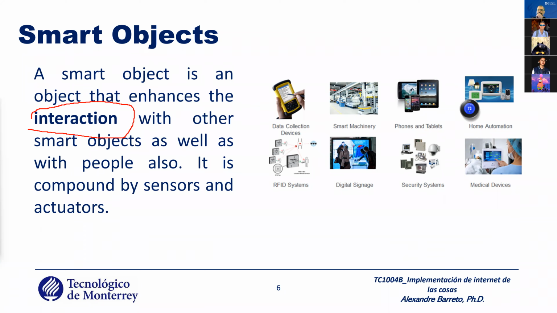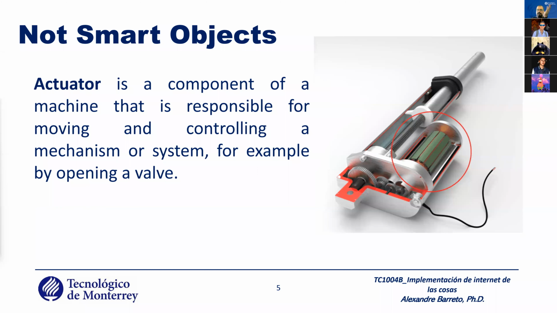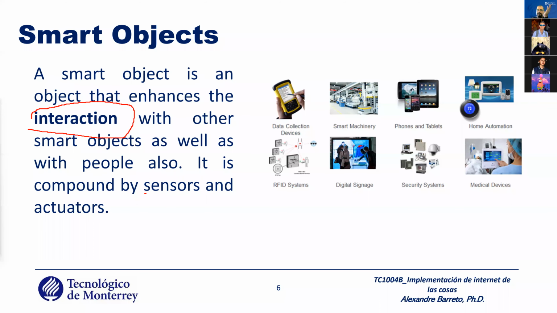Okay, interaction is the keyword, with other smart objects or with people. Okay, if a device does not have this capability, it's not smart. A smart object is composed of sensors and actuators.